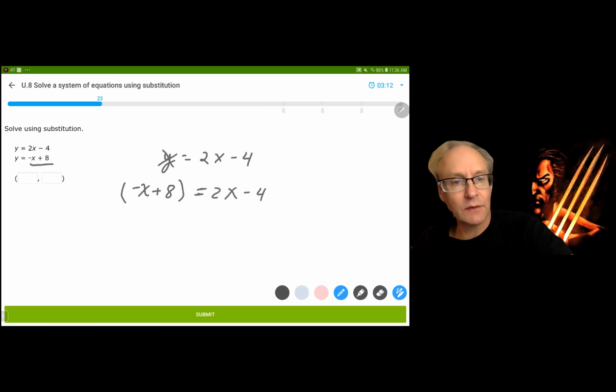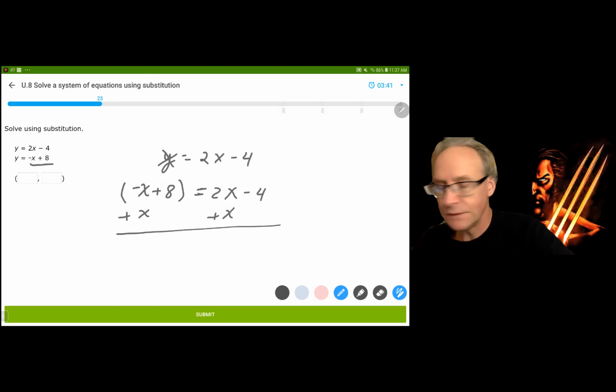And the second thing I recommend is that instead of dealing with your numbers first, always try and get your variables together. By putting them together, don't think of it as moving the x across the equal sign. Some people learn what we call transformational algebra, and that's a pretty bad idea. What you want to do is learn what's called property-based algebra. And in property-based algebra, I am going to add x to both sides.